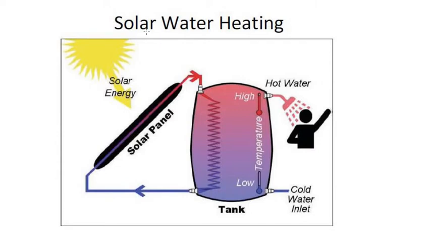Now we will see the basic diagram of solar water heating. Solar water heating is nowadays very popular due to the high charges of gas water heaters. It mainly consists of solar panels and circulating tubes or pipes in which carrier fluid is circulating.